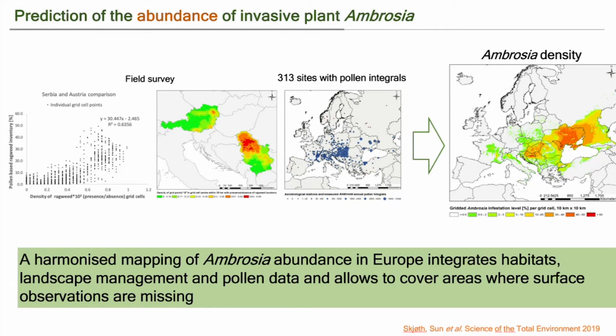So this is a map, just to give you an example, of the population density of Ambrosia in Europe in 2019. But of course, we can do that in Europe because we have great integrated pollen data from all the pollen stations. And I have inquired in China.